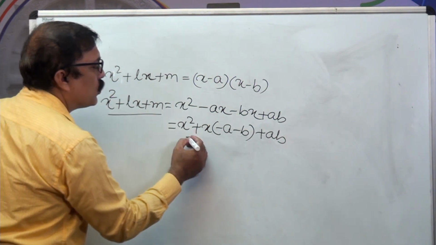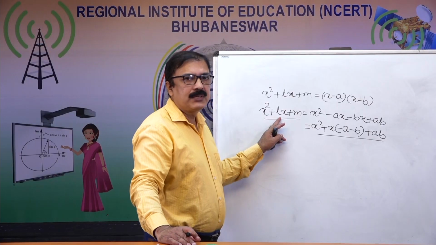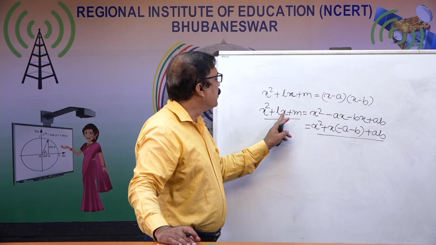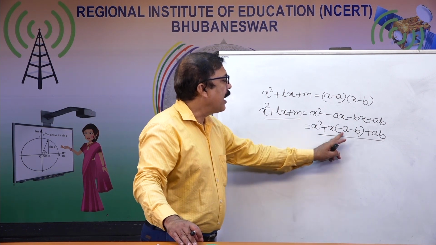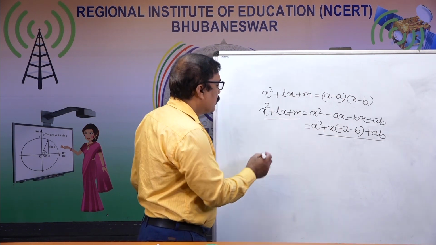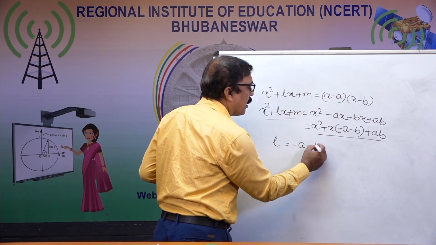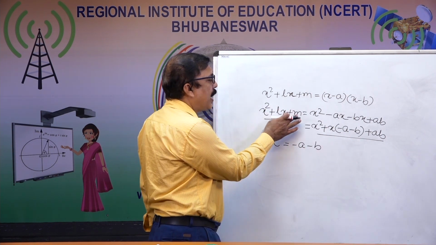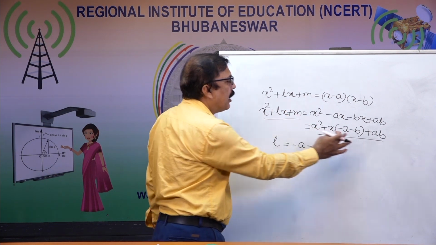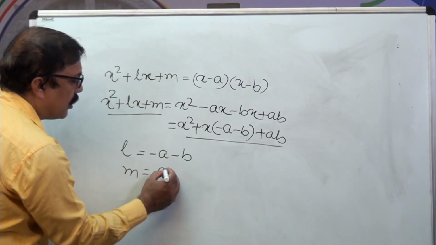Now compare the coefficients of x. L is the coefficient of x on the left side, and minus a minus b is the coefficient of x on the right side. So we can write l is equal to minus a minus b. Now compare the constant term: on the left side it is m, and on the right side it is ab. So m is equal to ab.